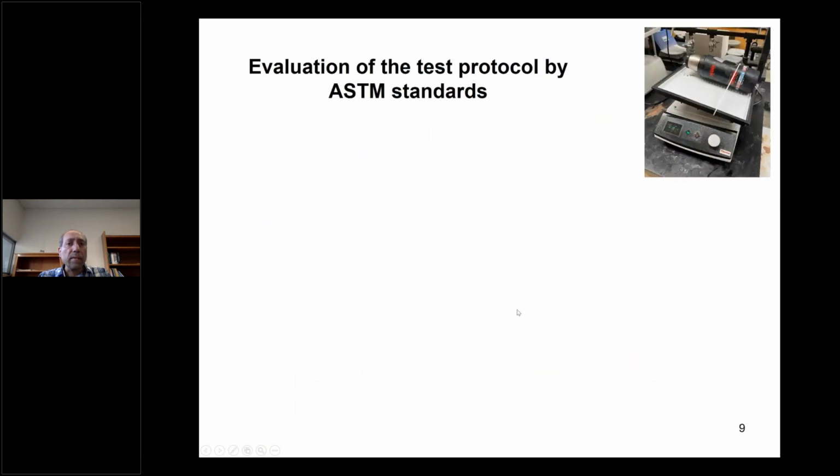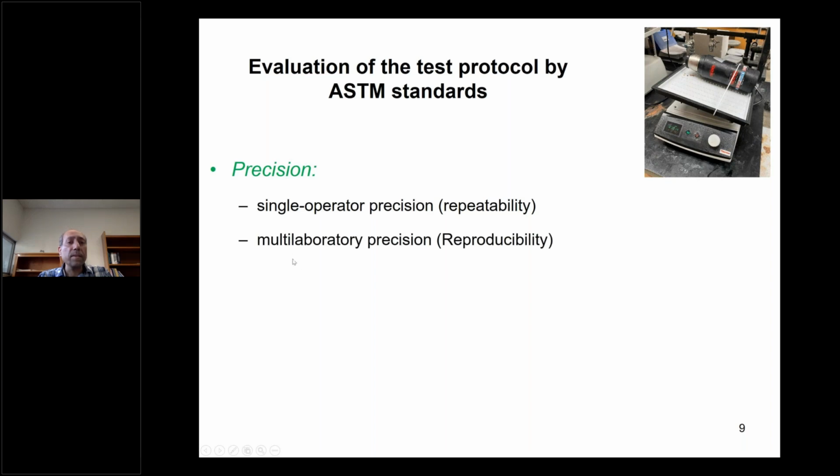So to evaluate the test protocol by ASTM standards, we used first precision. In this regard, we have two kinds of precision. One is single operator precision, which is repeatability, and the other one is multi-laboratory precision, which is reproducibility.